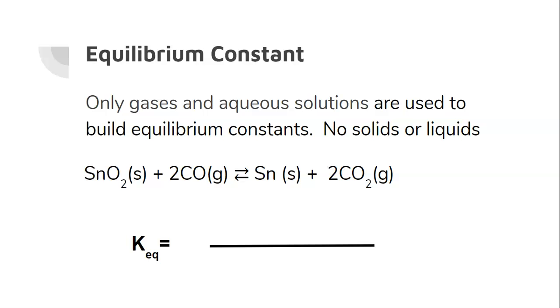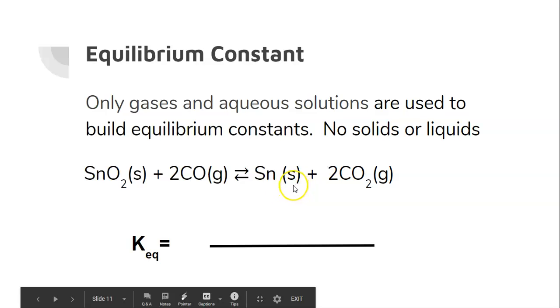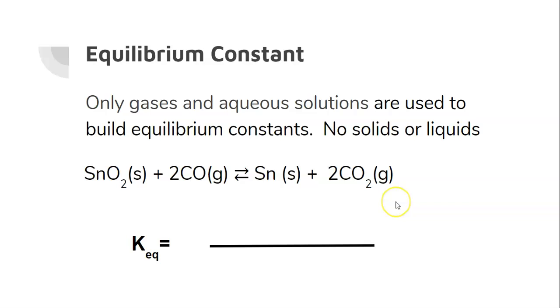If I notice, okay, tin is a solid, I can't use him, but carbon dioxide is a gas, so I'm going to use him. So I'm going to write CO2 in brackets, but notice that I have a coefficient. That coefficient 2 is going to become my exponent or superscript. So if I write it just like that, okay?